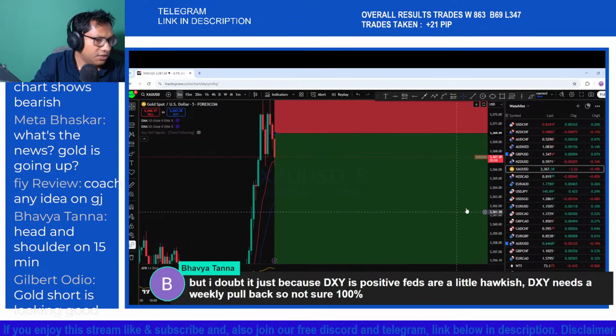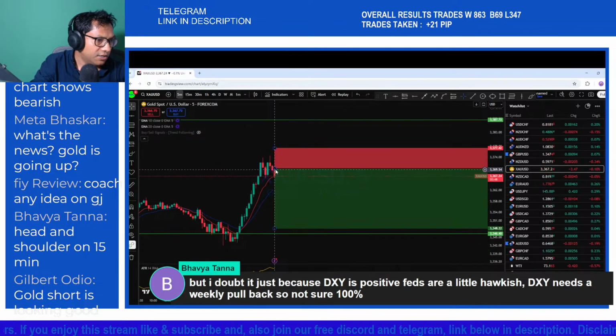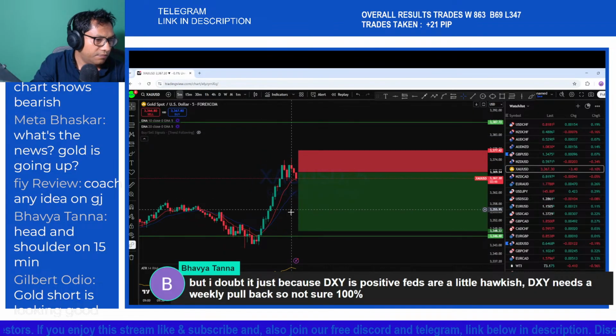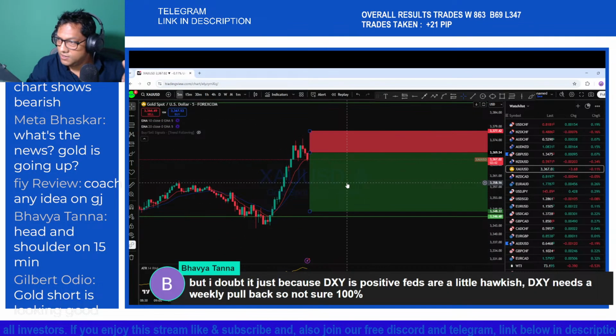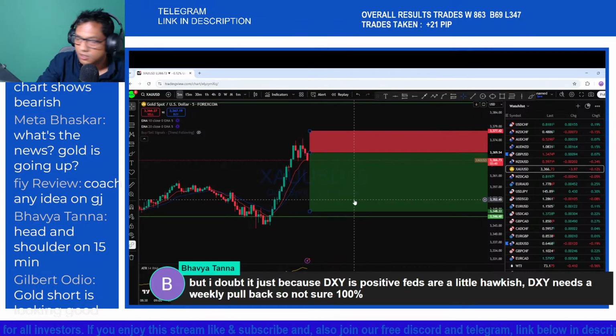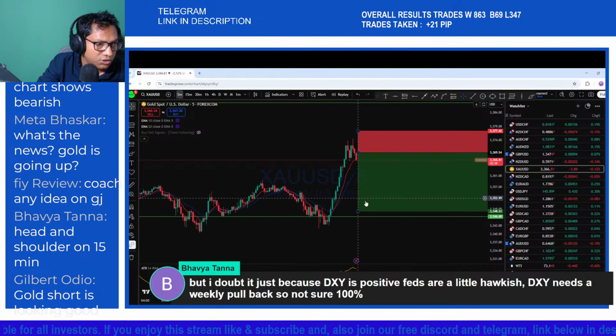Now in this area here, what you can see is that the market from this high started to break below, and we may see potentially further downtrend continuation here.